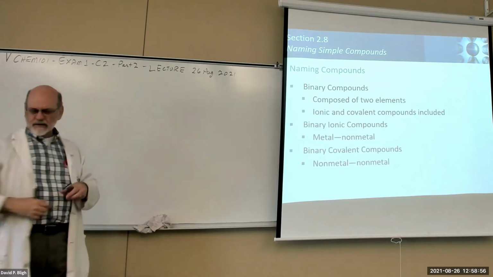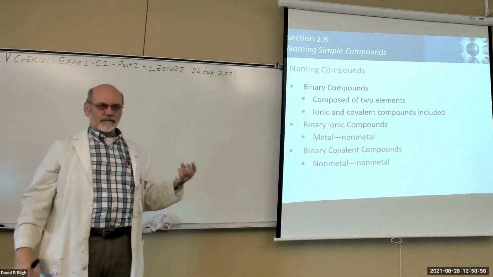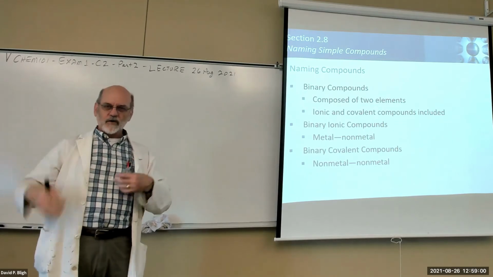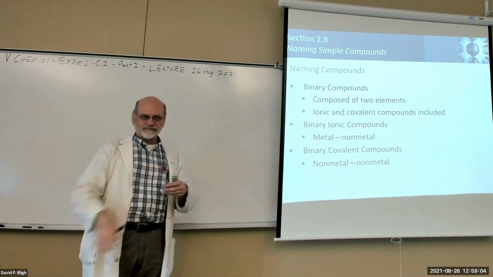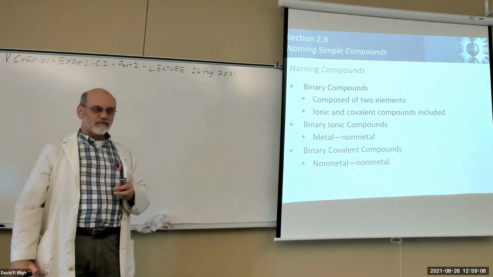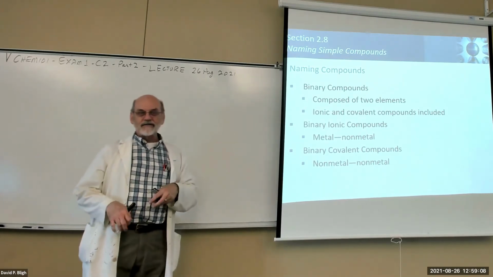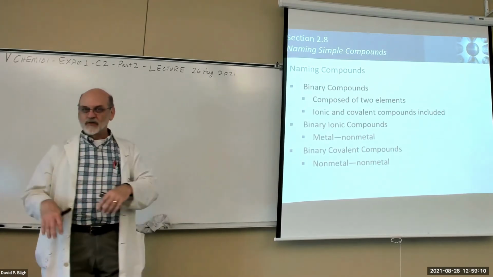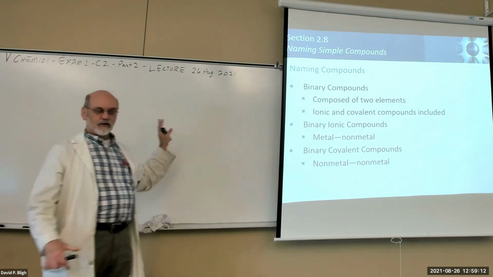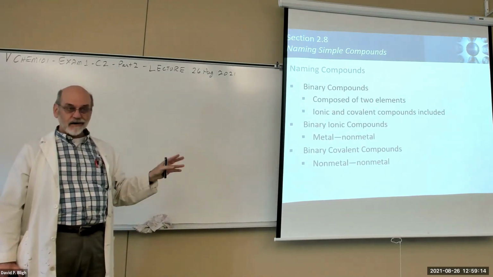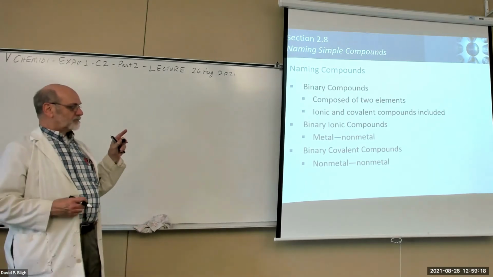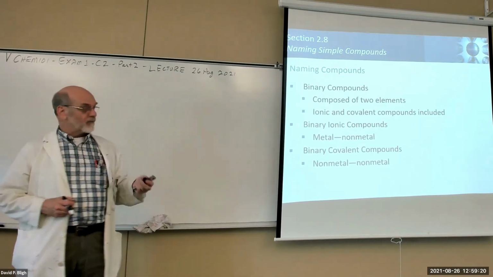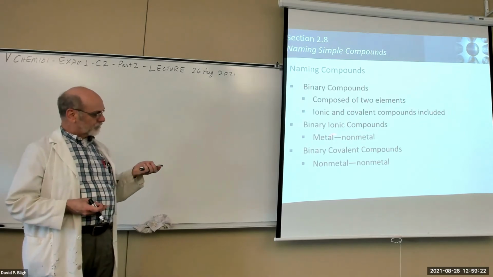Now this is primarily for inorganic chemistry. Some of it bleeds over into organic, but organics have their own bailiwick too. And then when you get to biochemistry, they have another set of rules. So we're starting really simple. We're going to start with binary ionic compounds, which would be a metal and a nonmetal, just like this.